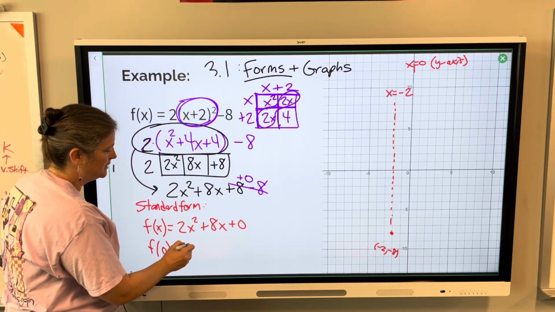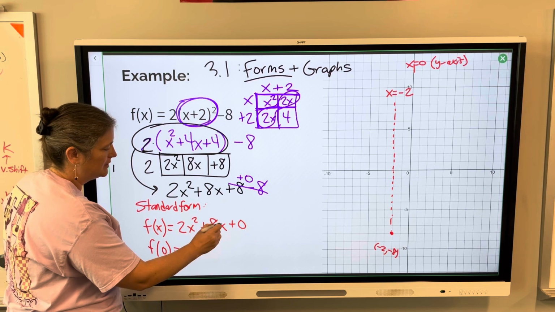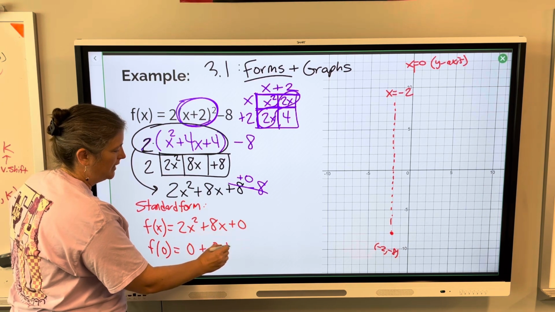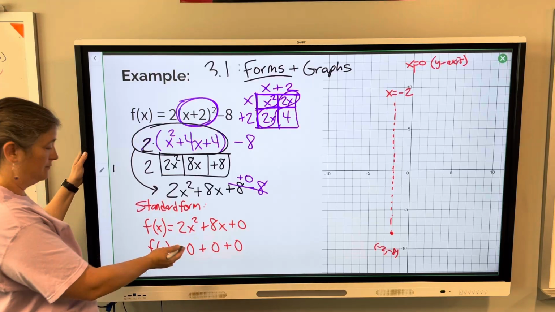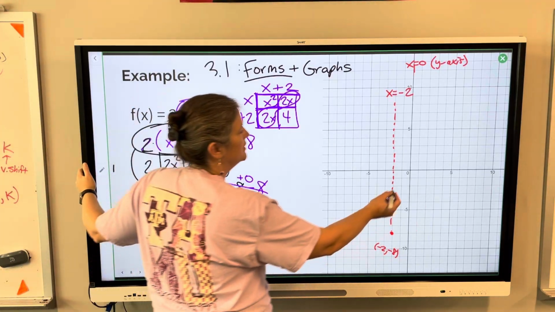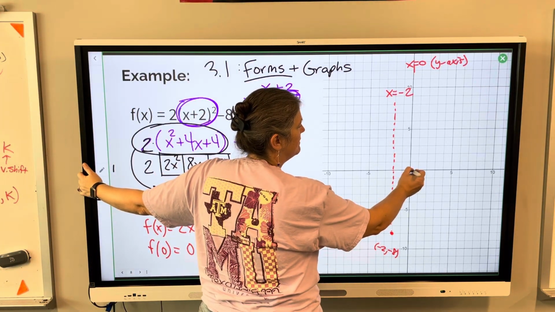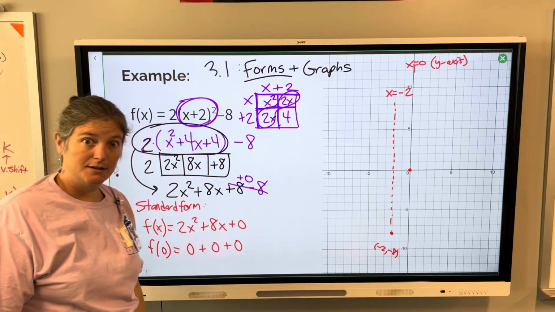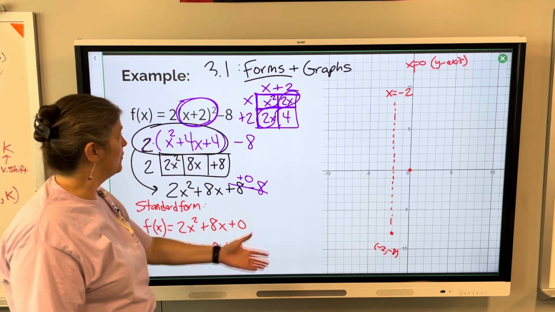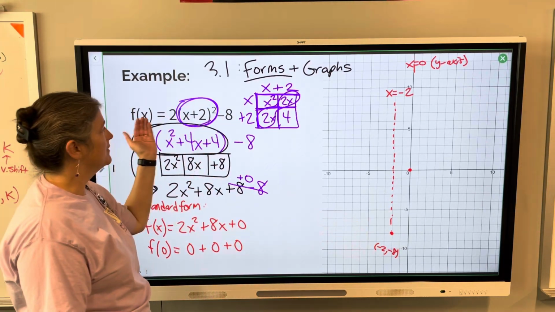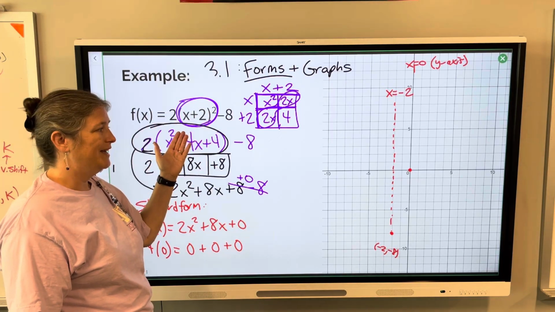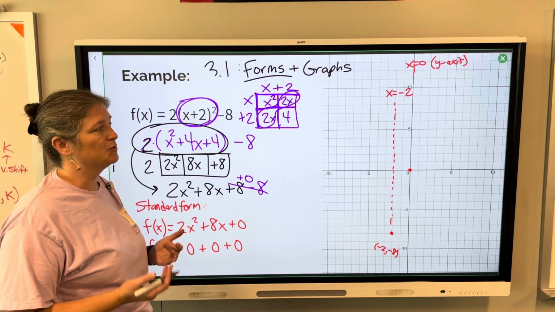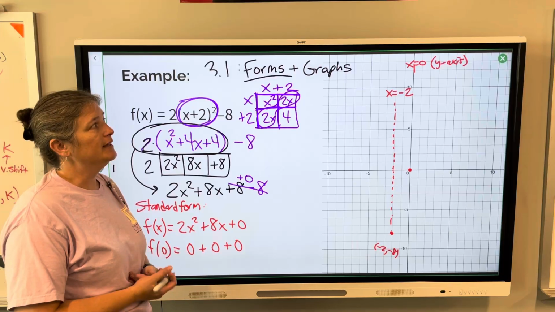Well, 2 times 0 is 0. 8 times 0 is 0. And then 0 is 0. Well, so, the origin is a point on this function. But is it the vertex? No, I already found the vertex using my transformation form. It's just the y-intercept. It's where the function will cross the x equals 0 line.